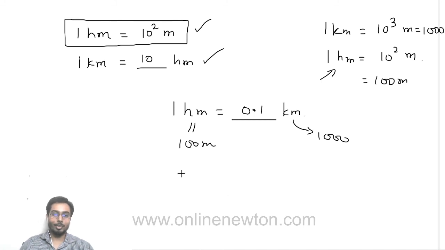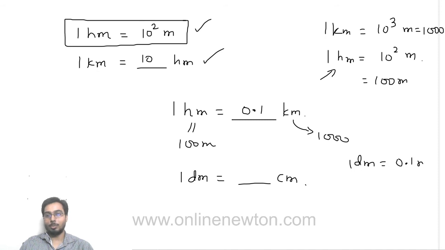You can talk about any other unit also. 1 decimeter into, let's say, centimeters. So you can first write the decimeter. It's going to be 0.1 meter. You can choose any other convenient unit. I'm converting everything into meters, but you should bring it to a common unit, by removing the prefix.